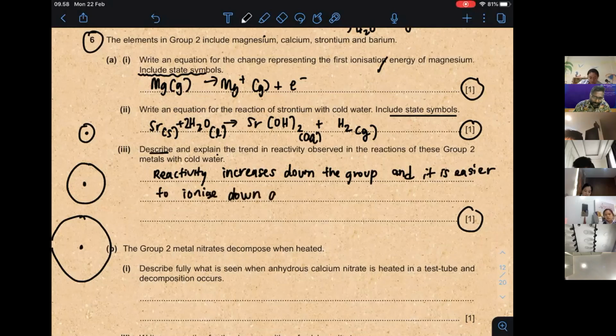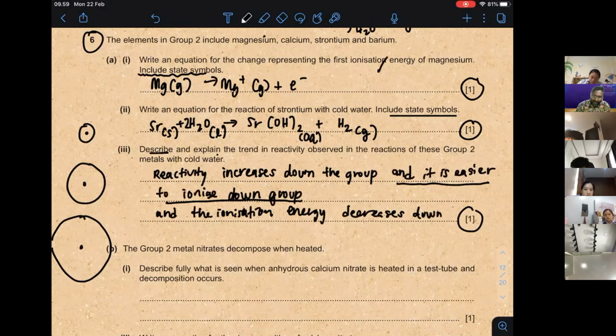Or if you are not sure and you want to use the ionization energy, instead of writing it's easier to ionize down the group, you can say ionization energy decreases down the group.